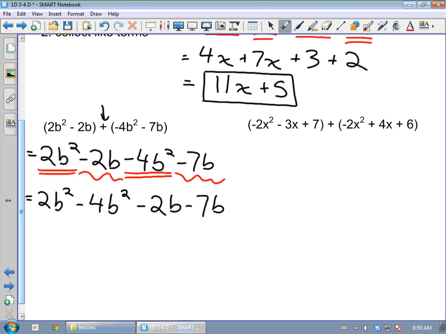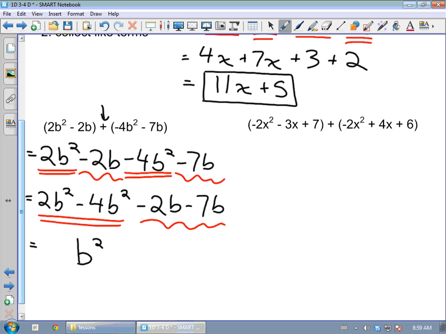Okay. And then I'm going to combine my like terms together. All right. So if I have, remember, I'm just doing the operation it says to do on these coefficients. So if I've got 2b squared minus 4b squared, I'm going to have a b squared for sure.